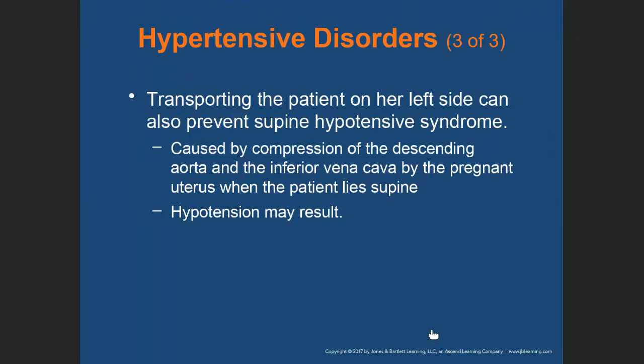And you don't want them to develop hypertension because the body is going to try to preserve the mother and not the fetus. So supine hypertensive syndrome is caused by compression of the descending aorta and inferior vena cava by the pregnant uterus when the patient lies supine. So this will lead to hypertension.